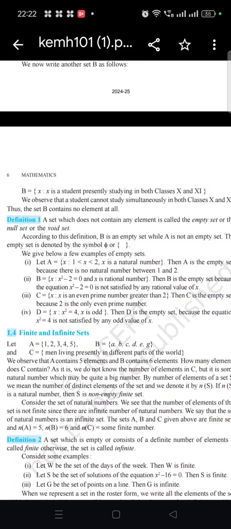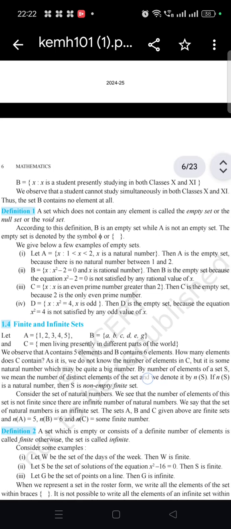Please, students, listen to my words one by one because the NCERT book is very valuable. Every line is very important to us.